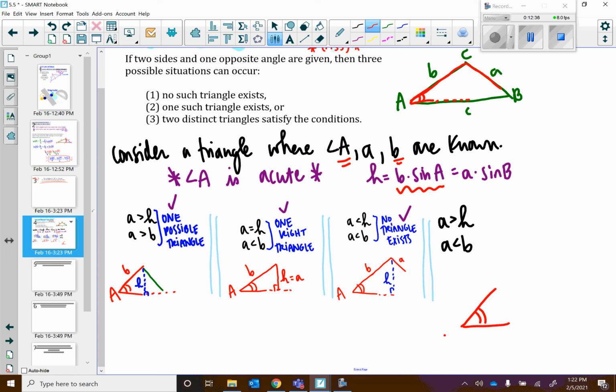Again, we have angle A. We don't know how long this side is. We have a side B that is going to be longer than side A. So I'm going to draw side A maybe like that big, but A is greater than the height. So maybe I'll draw my height as that length. So let me square this away, meaning I'm going to make angle A just a little smaller.